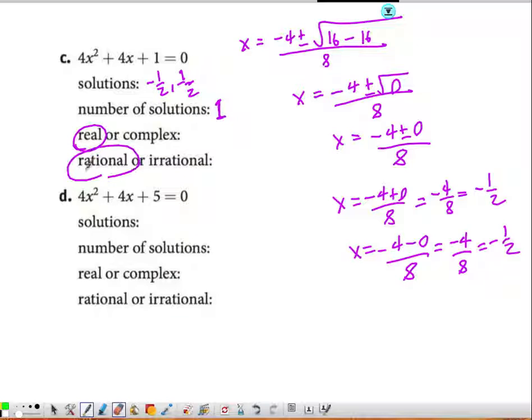Yes. They're rational solutions. Notice that when we took the square root, the square root of 0, well, that's 0, so it's technically a whole number, so it worked out. Finally, let me just erase this.